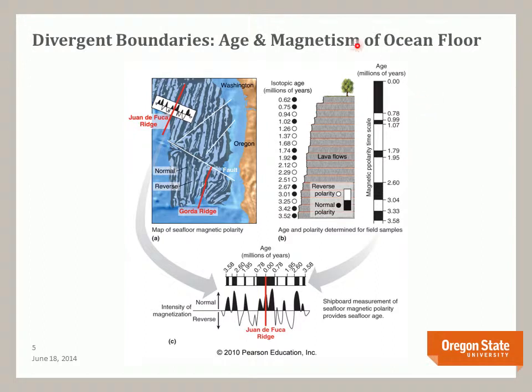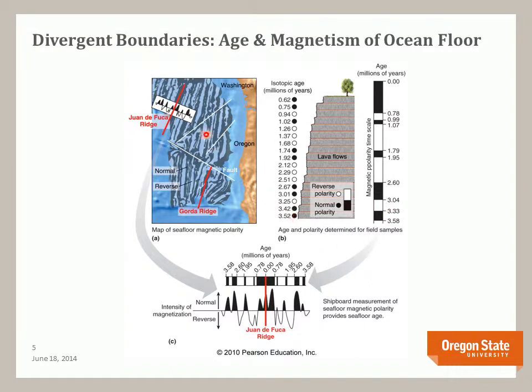Now you can see the same type of feature on continental rocks where you have these lava flows. This produces a pattern where you have zones of normal, reverse, normal, reverse, etc. The cool thing is that this pattern from rocks on continents is consistent with the pattern that you see on the ocean floor, and these correlate very closely.